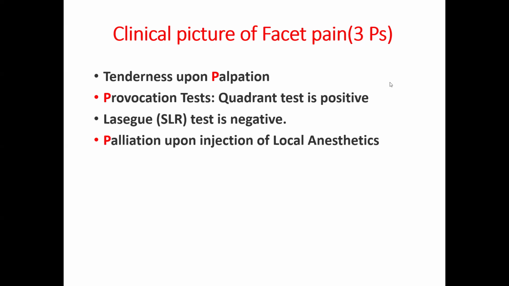Again, how do you pick up a facet pain? By palpation. The 3 P's: palpation, provocation, what we call the quadrant test, and palliation. When you do your facet, just go with your thumb next to the spinous process here. These are the facet areas here. And then you do the quadrant test, and then you do the injection under X-ray.